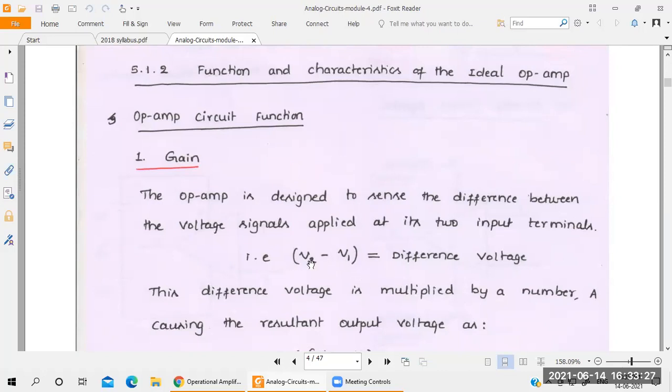That's why I write V2 minus V1. Understood? Don't write minus V1 and V2; that is not correct. These two have different signs, meaning the difference in voltage. This difference in voltage is multiplied by the amplifier constant, or gain of the op-amp.